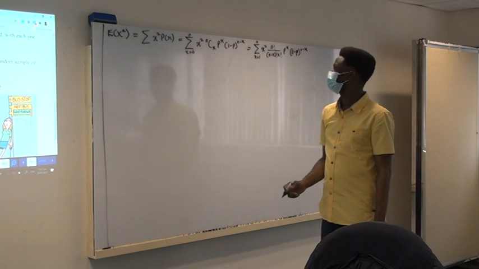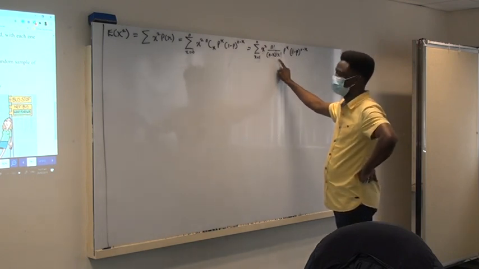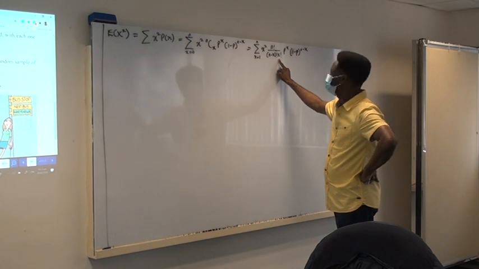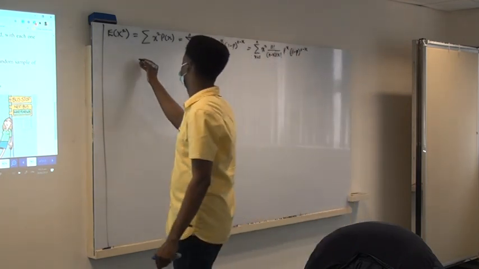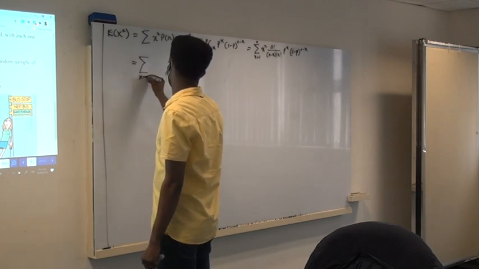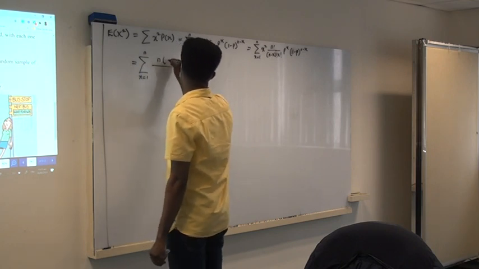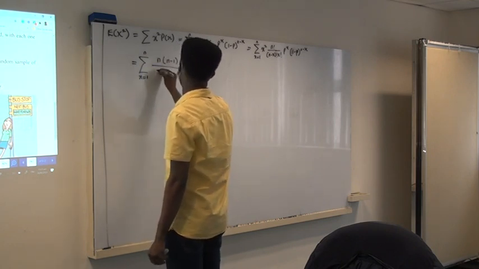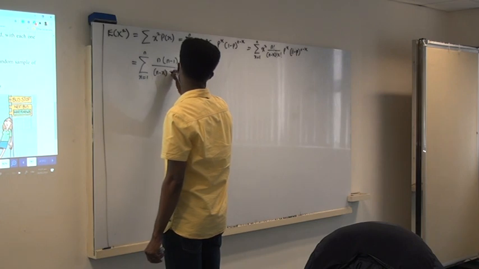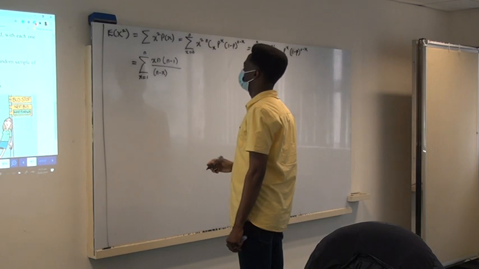Okay? So now, one of these x can be removed here. So let's do that. So if we do that, you have summation x is equal to 1 to n. So is it okay for me to write this straight away? N minus x. No, there will be one x left, right? Okay.